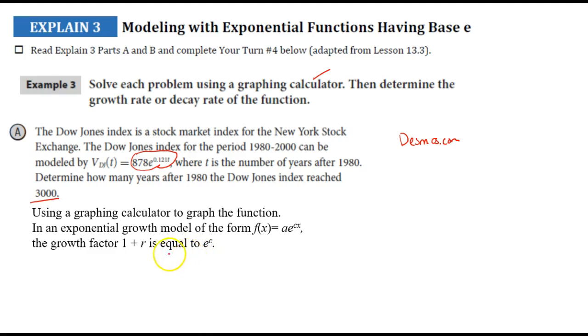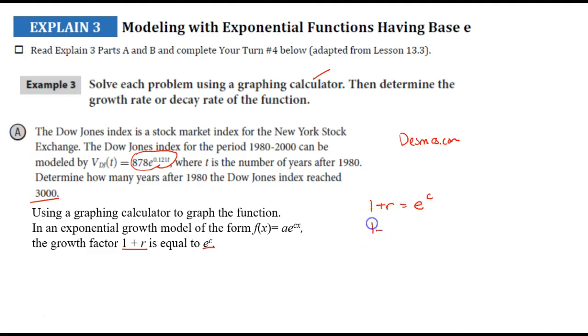So before we jump into Desmos.com, we're actually going to figure out the growth rate of this. So just so you know, in order to find this, our growth rate is equal to e to whatever power is written. So I'm going to write this out as 1 plus r equals e to the c value.